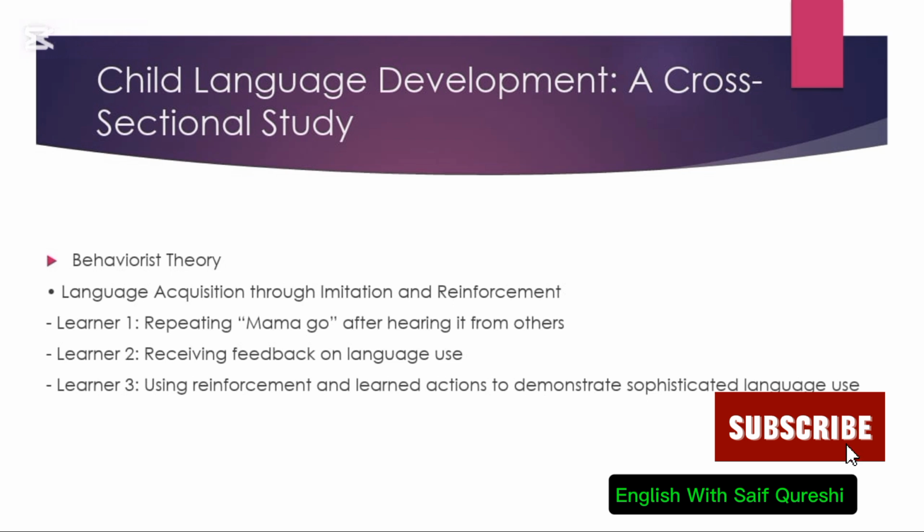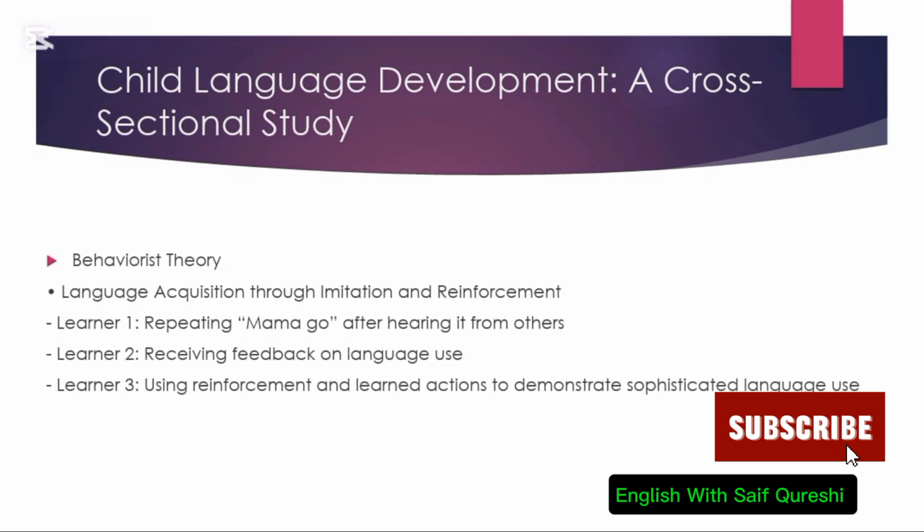Learner 2, receiving feedback on language use. Learner 3, using reinforcement and learned actions to demonstrate sophisticated language use. So what does it mean? As we know, learner 1 repeats mama go after hearing it, meaning he copies it. Learner 2 gets feedback on their language use when they use language.